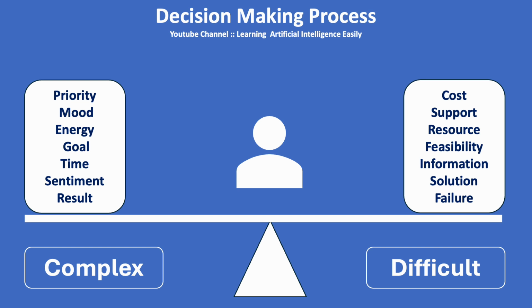Let's now try to understand why I said that the decision making process, especially for humans, is complex and difficult. Let's take a very easy example: let's say we two are trying to solve the same problem but our approaches are different. Can you guess why our approaches are different? Because we have different sets of learning and different sets of experience.